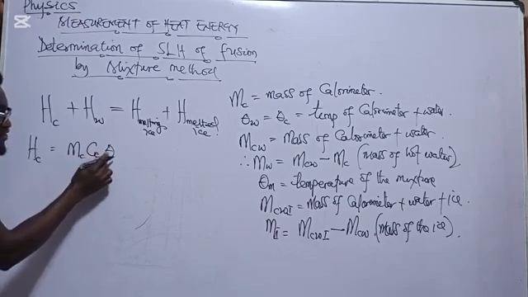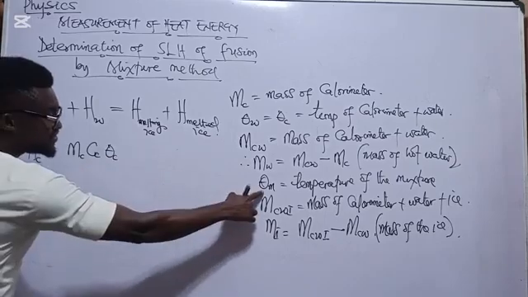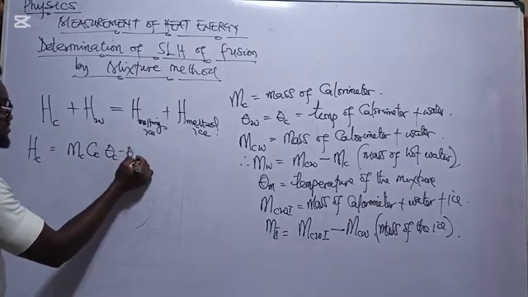You know the initial temperature of calorimeter is theta C, okay? Then the final temperature of it is the temperature of the mixture. So we have temperature of the mixture.